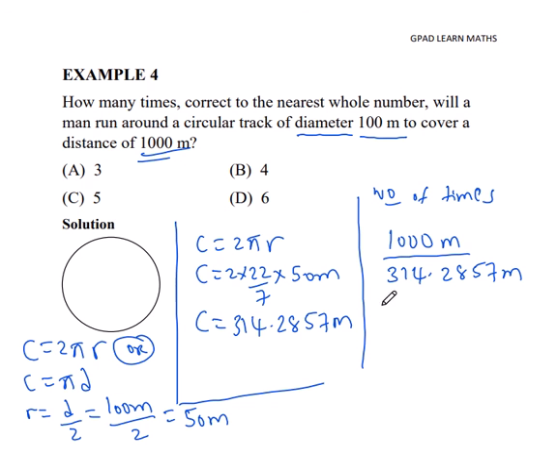When you divide this, you will get 3.1818. Now they say correct to the nearest whole number, so I'll have to approximate this. Approximately it is 3. So for this man to cover a distance of 1,000 meters, he will have to run around this circular track 3 times.